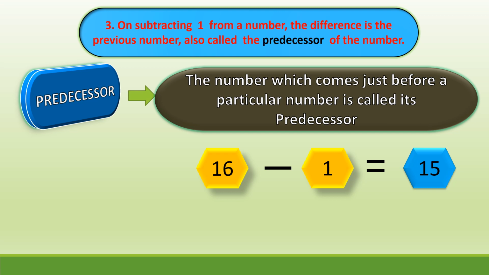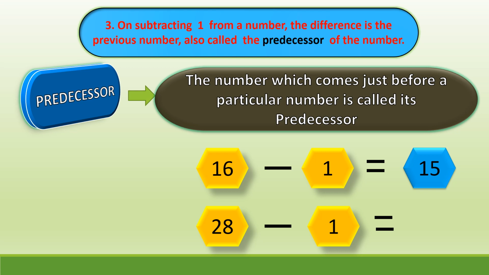If I ask you what is the before number of 16, what will you tell? 15 is before 16. So when we take away 1 from 16, what do we get? Yes, we get 15. So 16 minus 1 gives us 15. And 15 is called as the predecessor. Here we have another example. 28 minus 1 equals to how much?